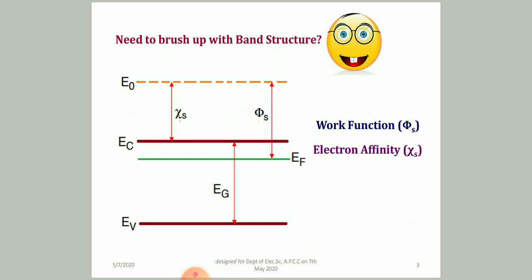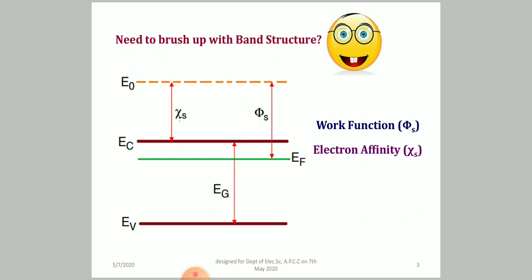But once you come to the case of an insulator or semiconductor, now the problem appears, because your work function and electron affinity are not the same, as the Fermi level and the conduction band are not the same. They are parallel, but they are different.